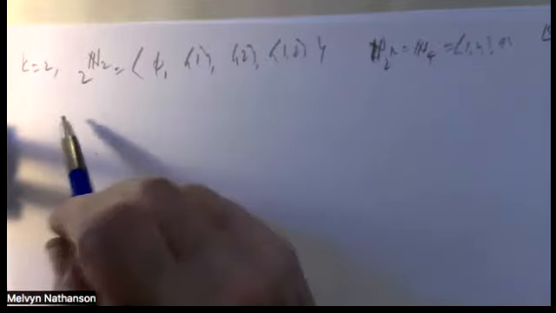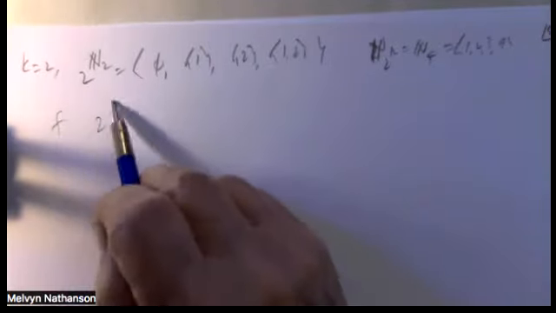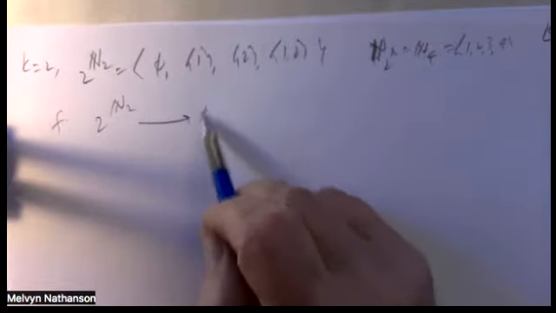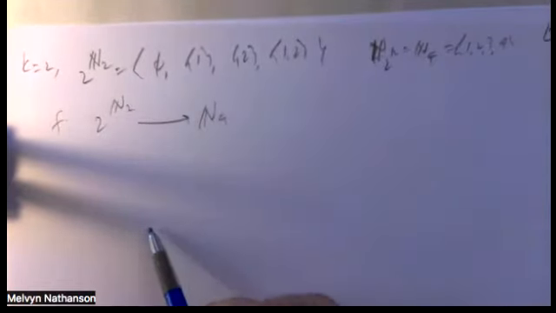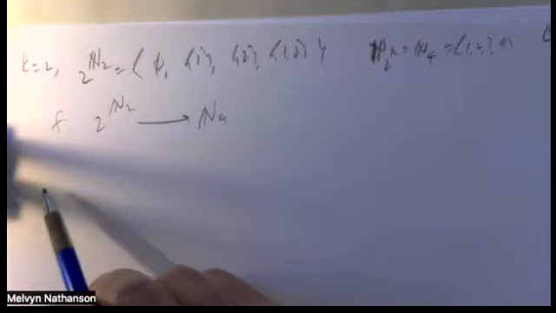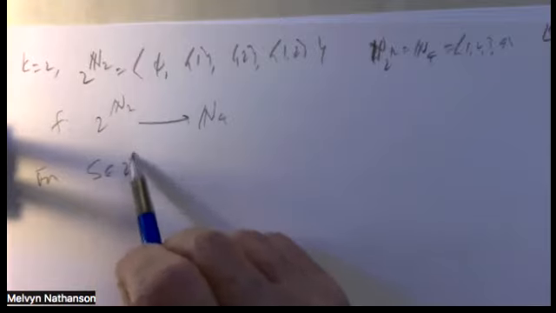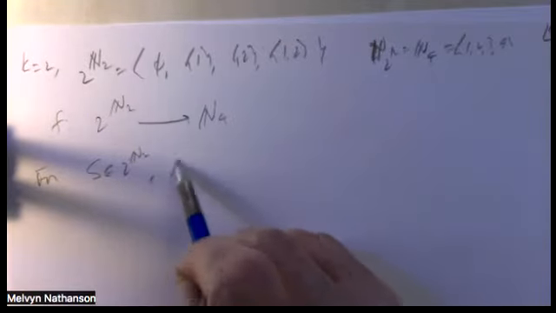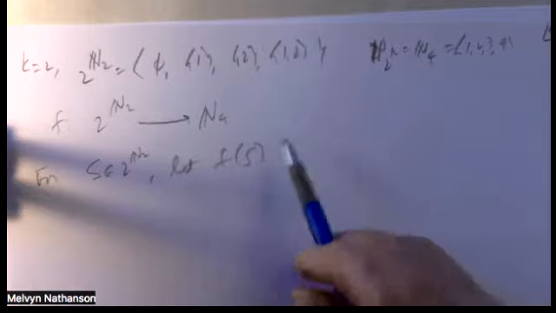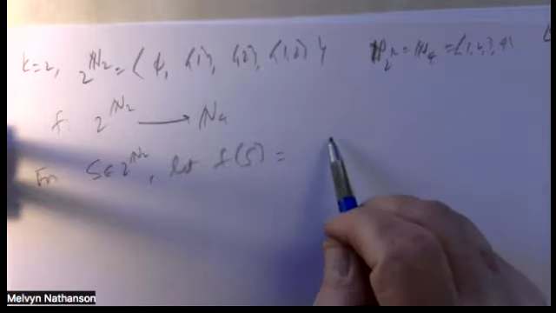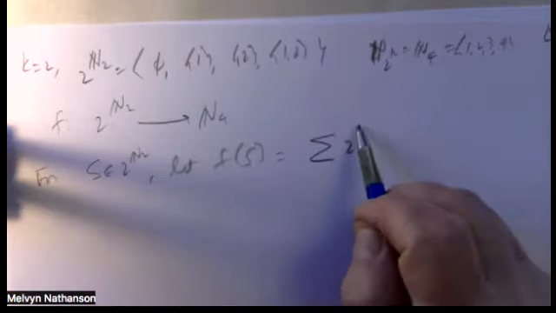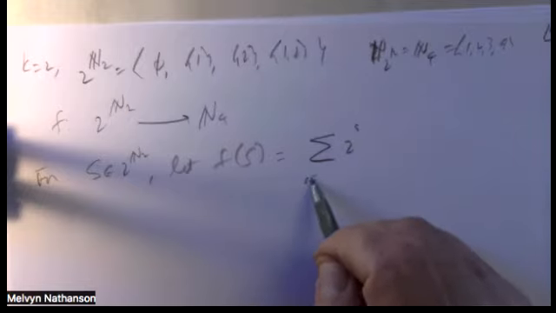Now, if I want to define a function f from 2 to the N2 into N4, one way to do it is for every subset, let me just write S, in 2 to the N2, let f of that set S be equal to the sum of 2 to the power s for every s in the set capital S.